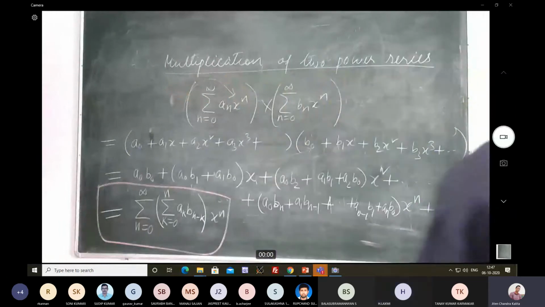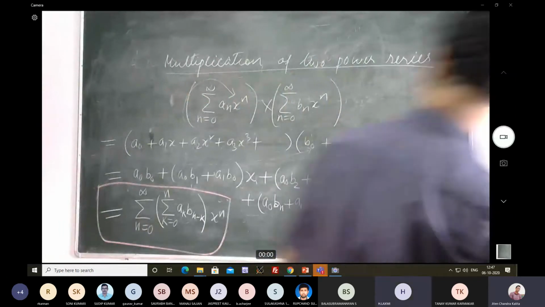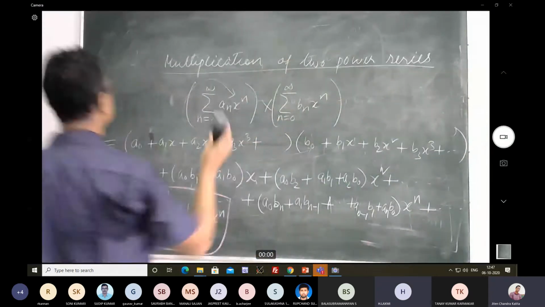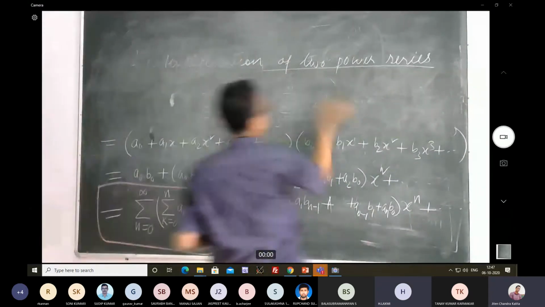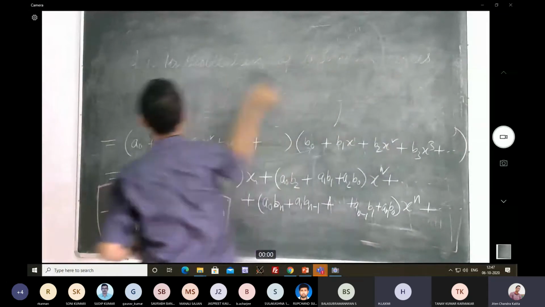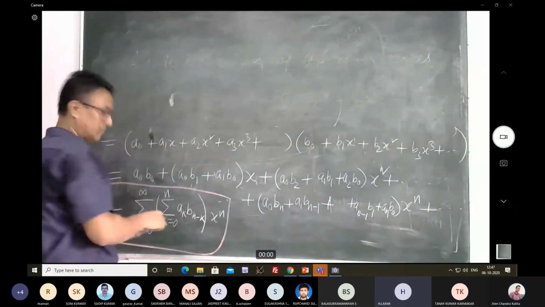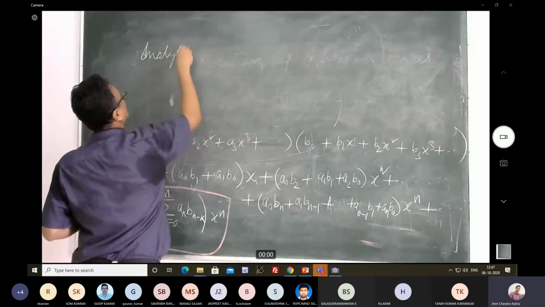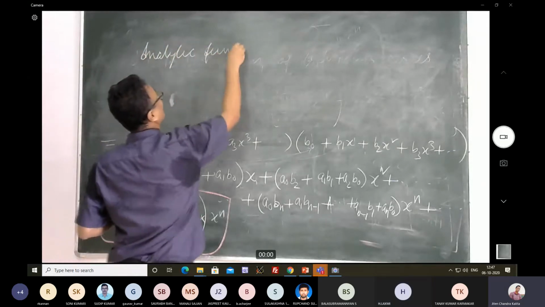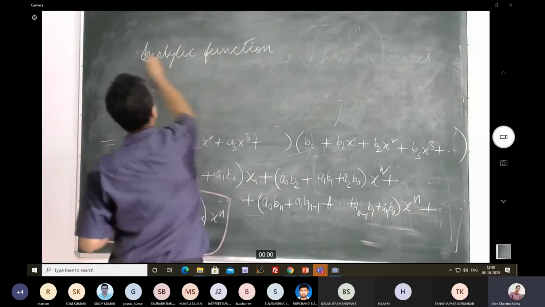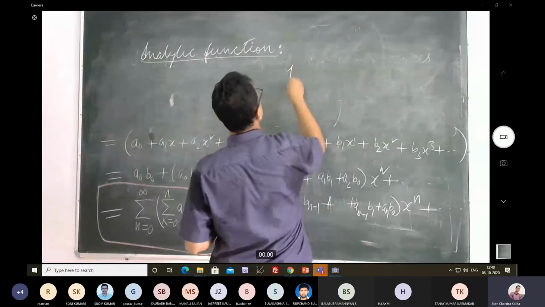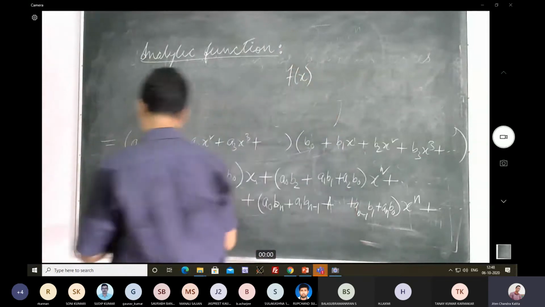So this is about multiplication of two power series. Now let me come to the concept of analytic function. Yeah, you tell me, when is a function, say f of x, said to be analytic?